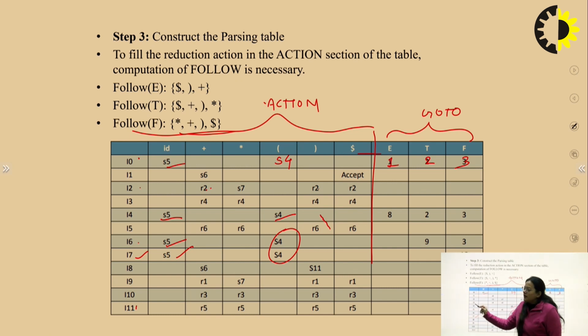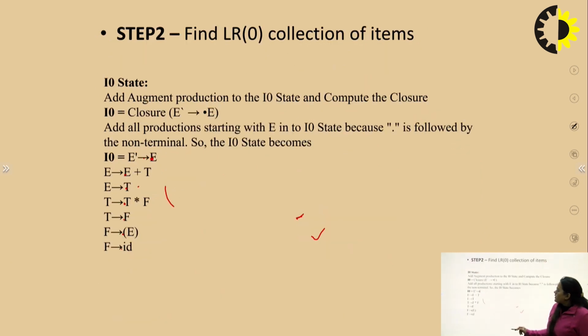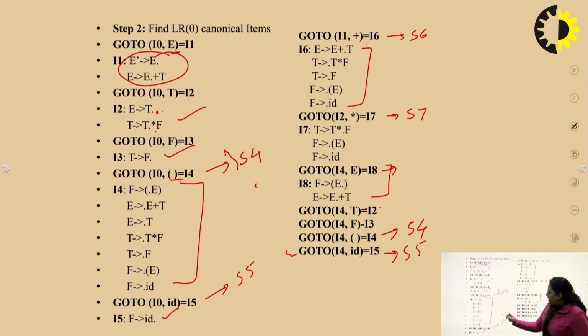Now next, in I3 we get a production T implies F dot.